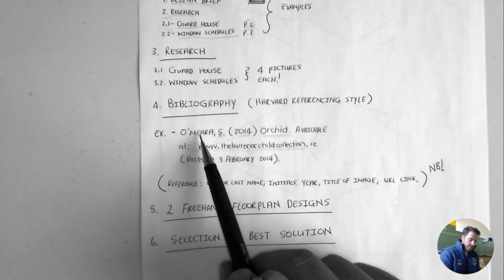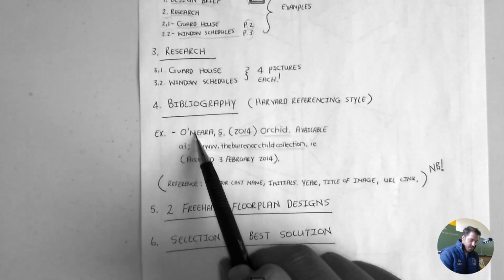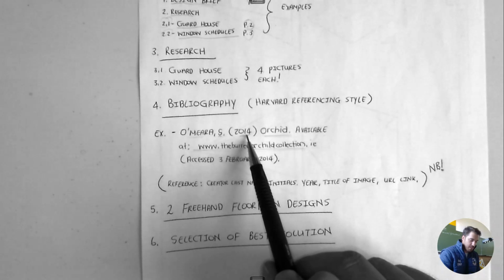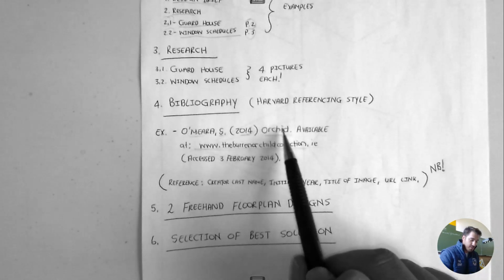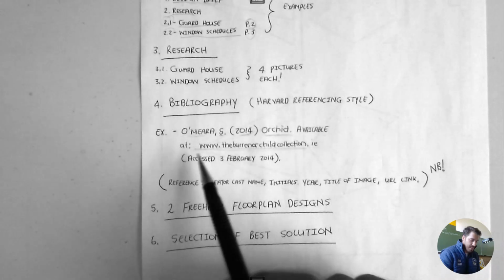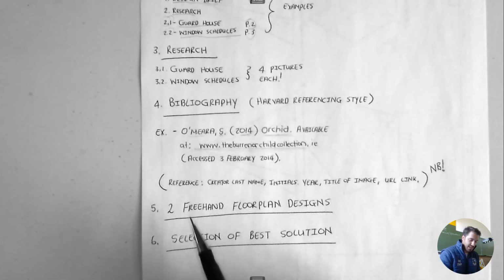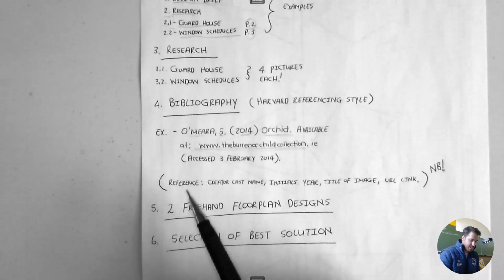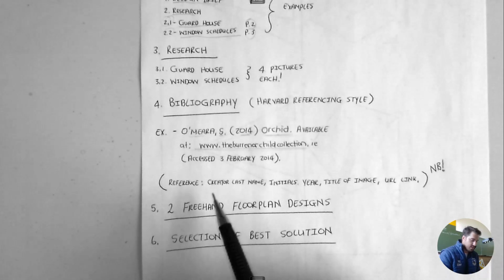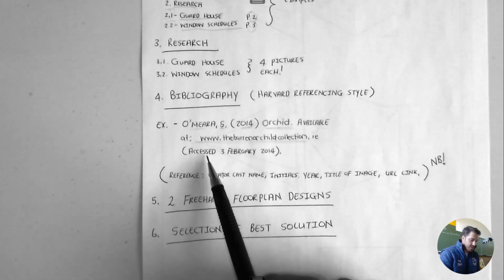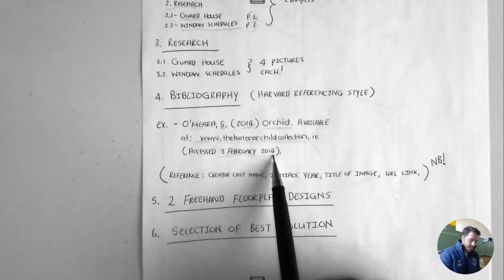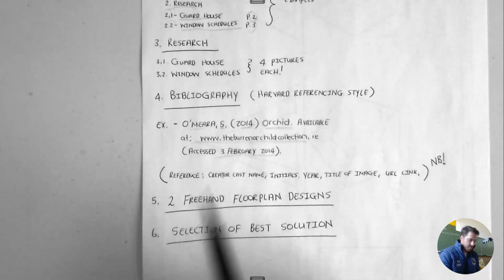So you have the initials, the surname, initials, the date it was published, the name of the picture or the photograph, and then you can paste the link. Don't just paste the link, because that is not a proper reference. You're still stealing. And then just underneath this you say it was accessed whenever you are accessing it. Okay, please put that in there.